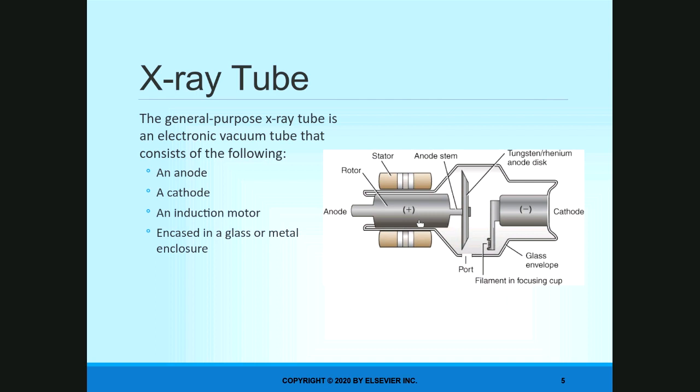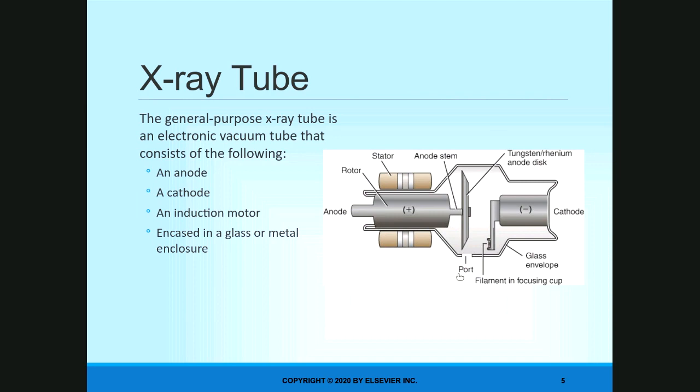Typically, it also has an induction motor, and that induction motor is made up of the rotor and the stators. The purpose of that is to actually spin this anode to help dissipate some of the heat that gets created. All right, so you have an anode, which is positive, cathode, which is negative, and the induction motor, and they are all encased in a glass or metal envelope or metal enclosure.